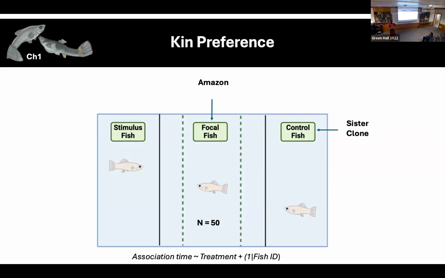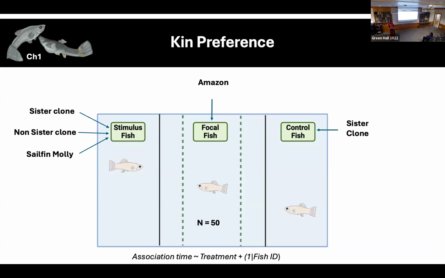So the control fish is always a sister clone, as closely related to the focal Amazon as is possible. The stimulus fish is sometimes another sister clone in a control condition. Could be a non-sister clone that's still a clone, but maybe slightly less related. Or it could be a Sylvan Molly, which is another species entirely.